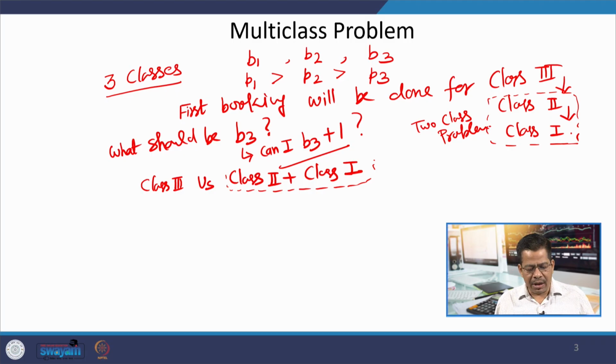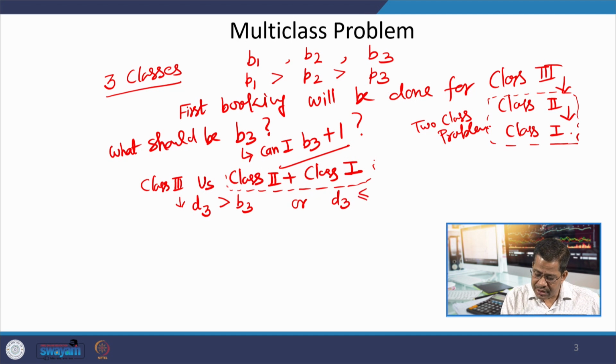Now, if I allocate one extra seat in B3, there are 2 possibilities which may happen. Demand in class 3 can be more than B3, or demand in class 3 is less than B3.